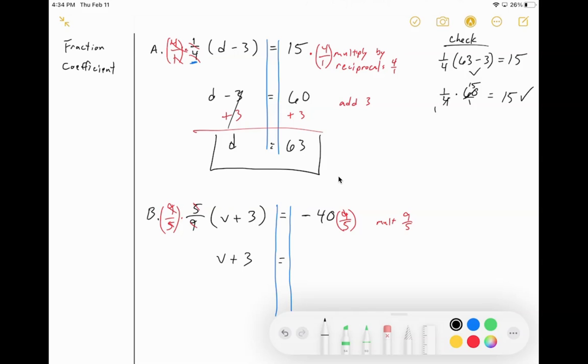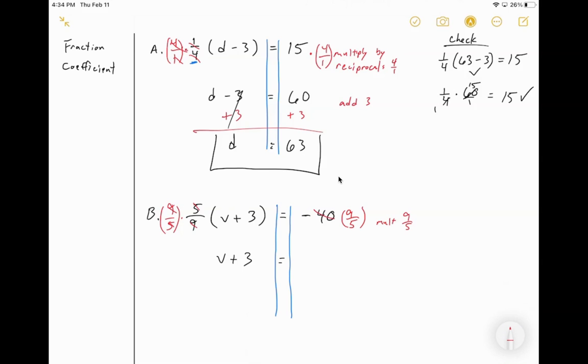Sorry, this is a little bit sloppy. Let me fix that. All right, I see that the 40 and the 5 cancel. That becomes an 8. Don't forget about the negative. So I've got negative 72. Last step then is subtract the 3.